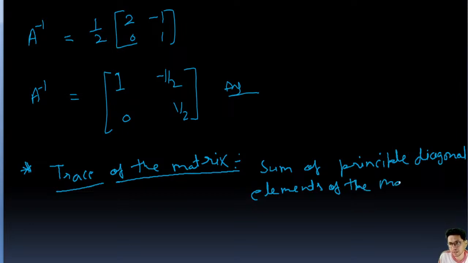A principal diagonal element can also be denoted as PDE, that is, principal diagonal element in short. So the sum of principal diagonal elements of a matrix is called the trace of the matrix. This is the definition of trace of the matrix.